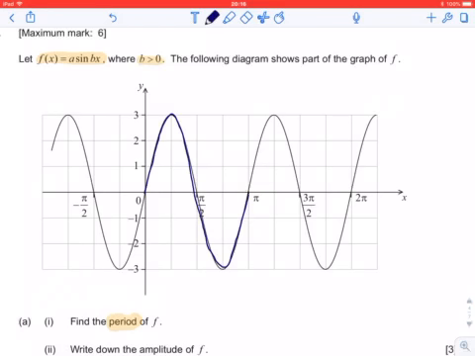Where does it start having the exact same pattern appearing? If we take this part of the graph and move it over, we can see that this length does seem to be about right, because pretty much anywhere I drag this length, I can make it overlap another complete portion of the graph.